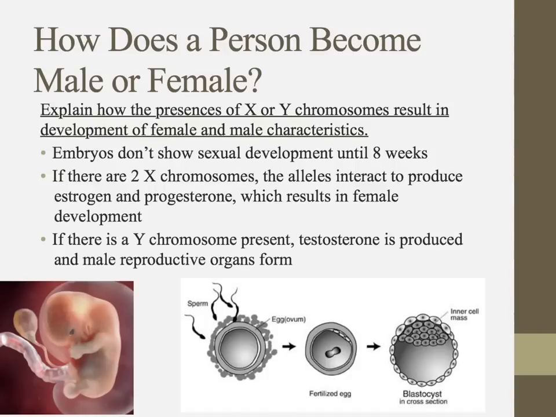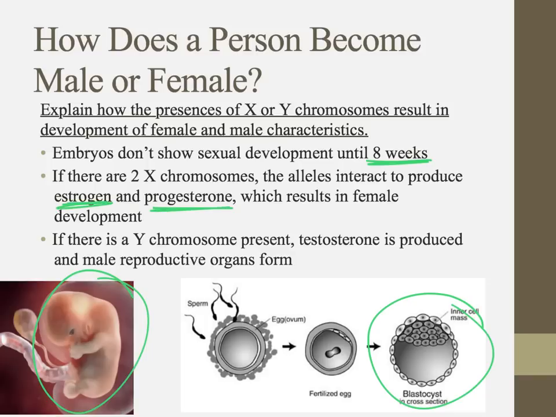So why does it matter whether you have X or Y chromosomes? Because the X or Y chromosomes result in the development of male or female characteristics during embryonic development. At about 8 weeks, if there are 2 X chromosomes present, then that growing ball of cells is going to start to produce female hormones, which are going to result in female development.